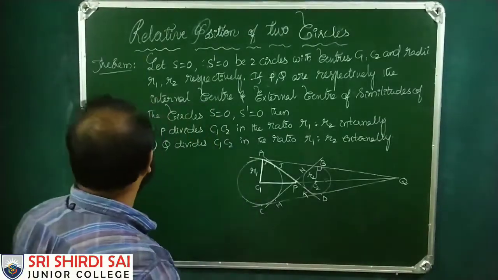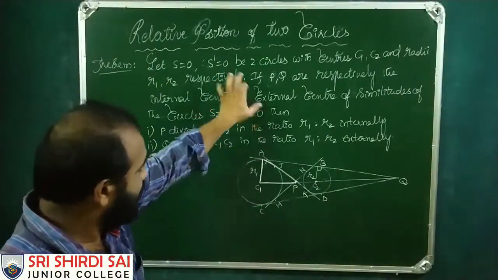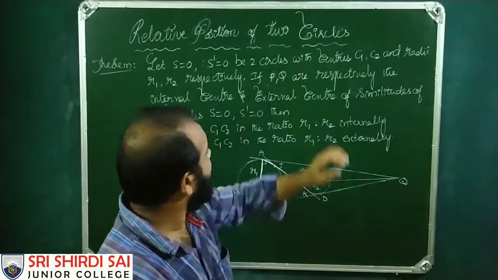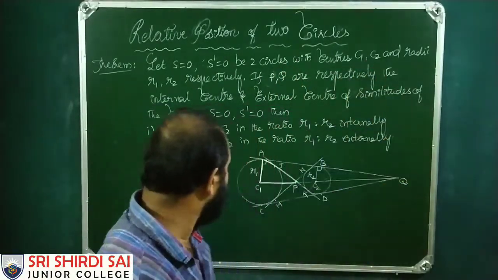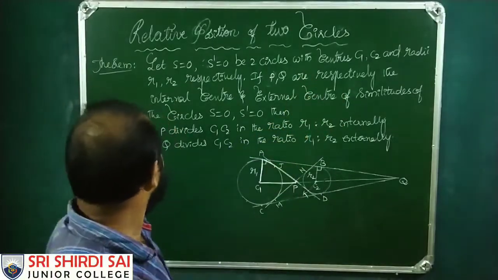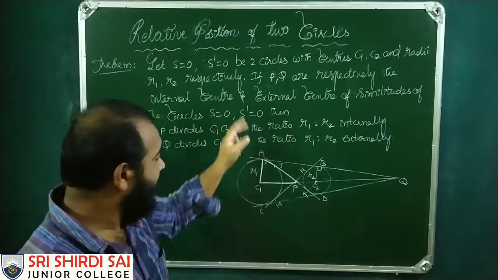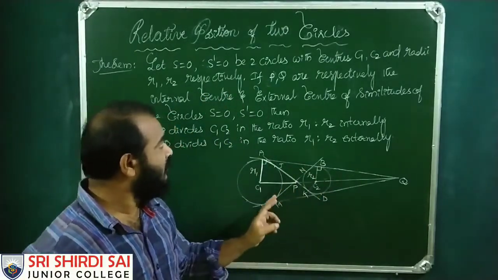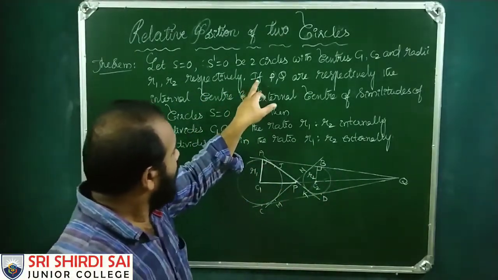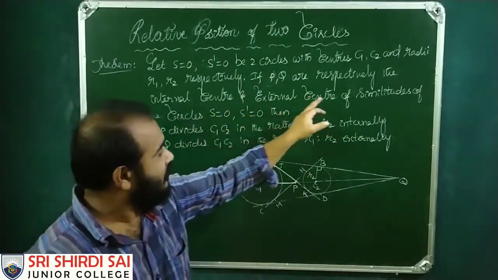Now, the theorem is: let s equals 0 and s dash equals 0 be two circles with centers C1, C2, and R1, R2 are the radii of the circles. If P, Q are respectively the internal center and external center of similitude.